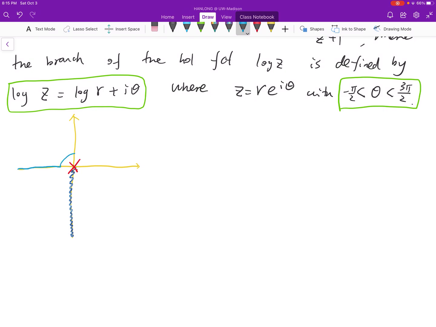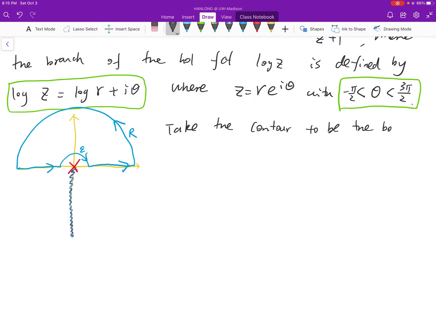We already know how to avoid a point: just do a detour. Then go this way. Then take the contour to be the boundary of the indented upper half disk.